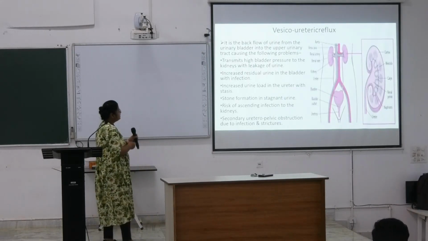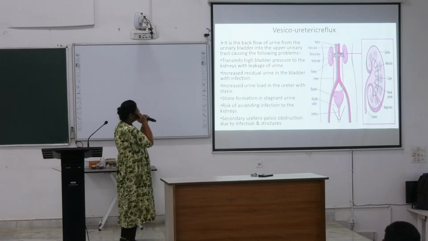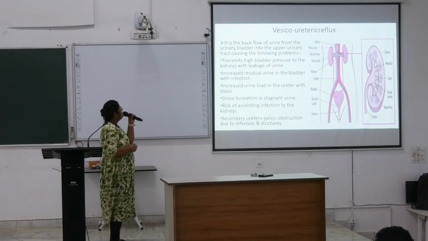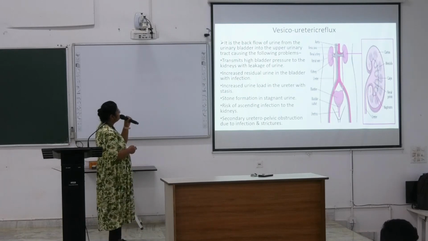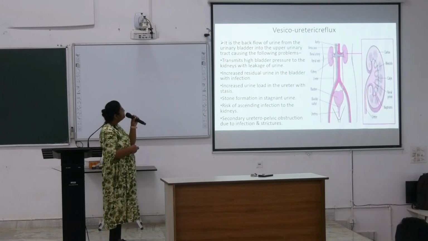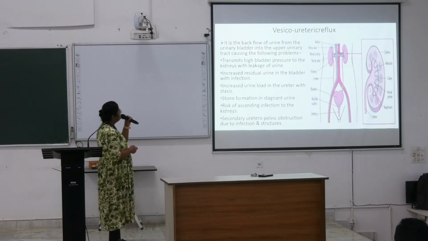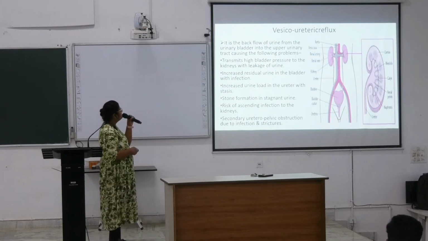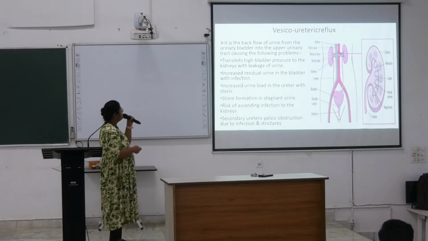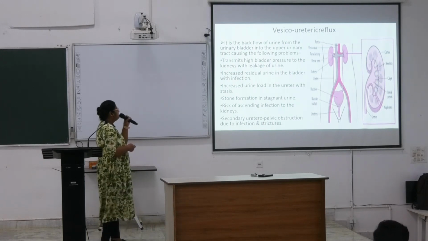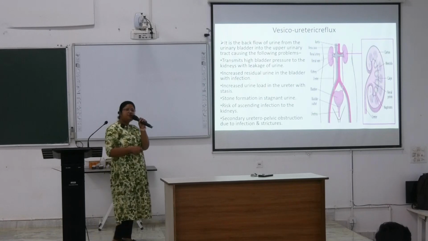Next, now this is one clinical aspect, vesico-ureteric reflux. What is this vesico-ureteric reflux? It is reflux, the backflow of urine from the urinary bladder into the upper urinary tract, causing the following problems: it transmits high bladder pressure to the kidneys, with leaking of urine.